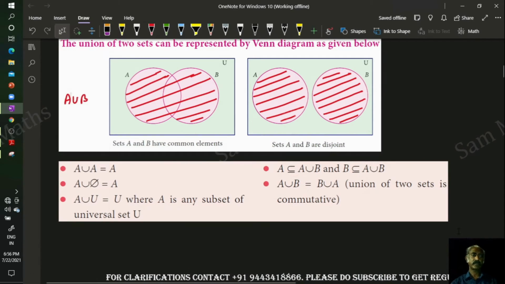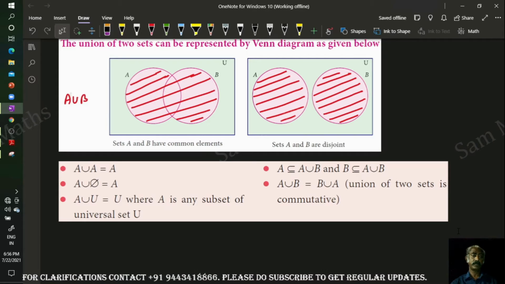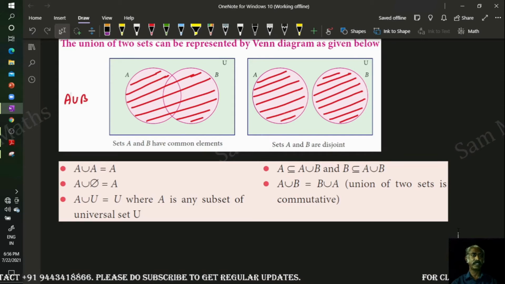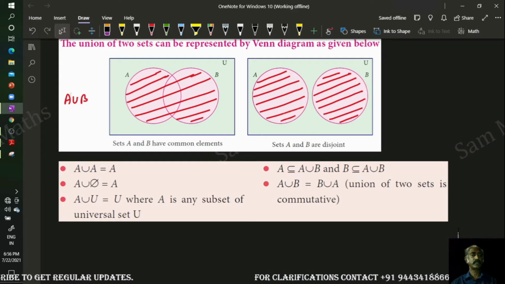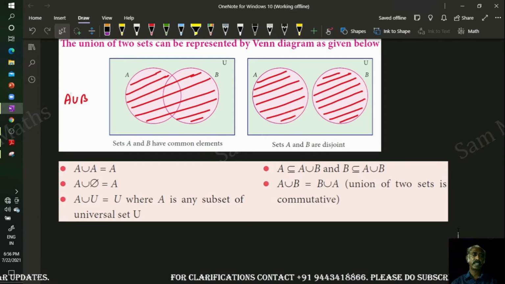Now we are going to discuss some results based on union of sets. First one, A union A is equal to A itself. Both the sets are the same, so you will get A itself. Next is A union empty set. That time also we will get A. The third one, A union universal set.